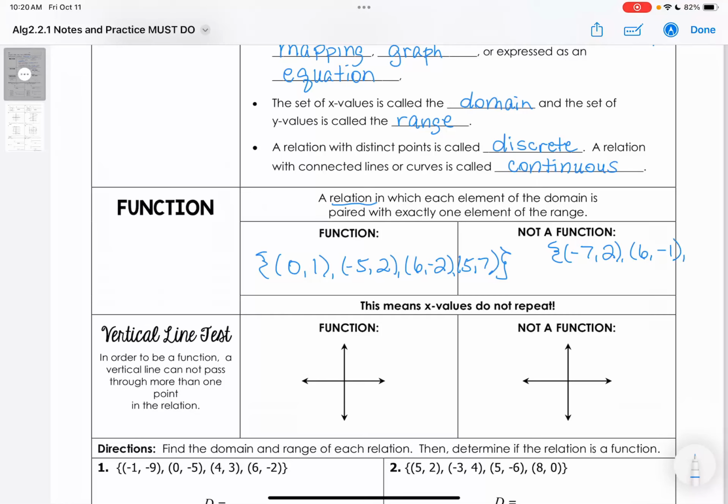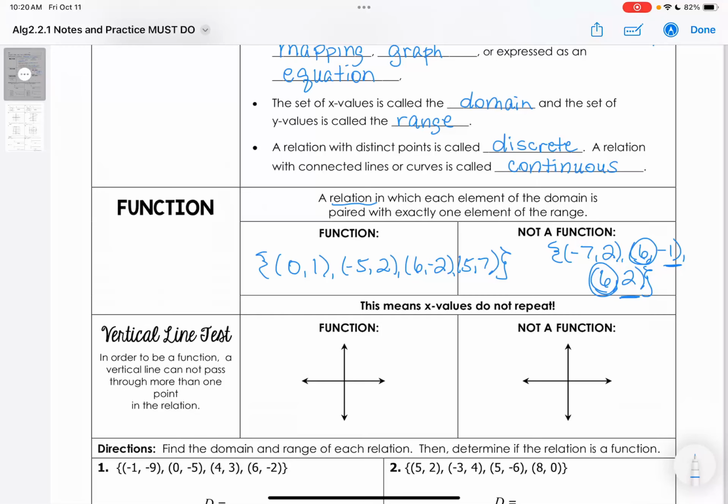So the reason it is not a function is because 6 appears twice. So the x value 6 was paired with -1, and it was also paired with 2, which means it is not a function. And that doesn't happen over on the left when they are.